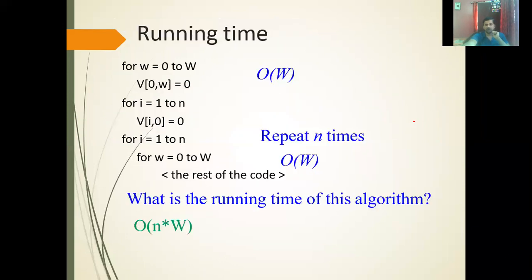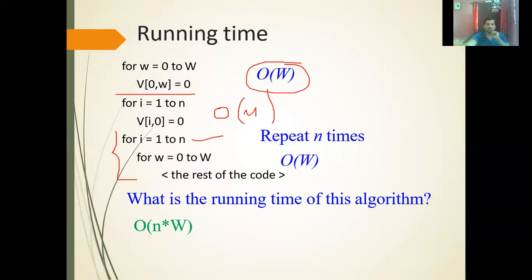So this is about your knapsack problem. And if you want to know the time complexity, this can be executed by big O of W, and this can be executed by big O of N. And in this case, there are two for loops, right?